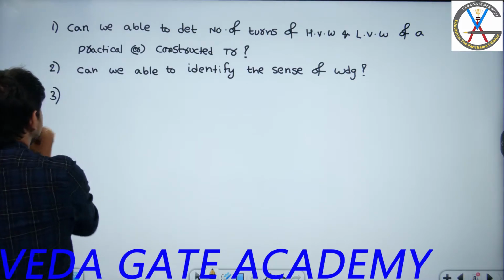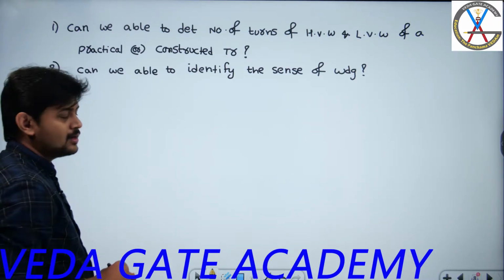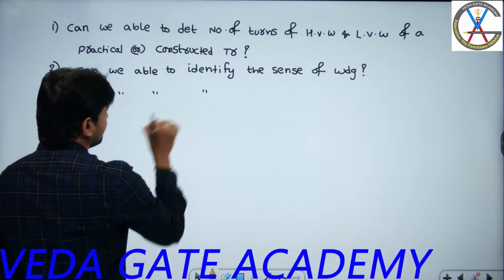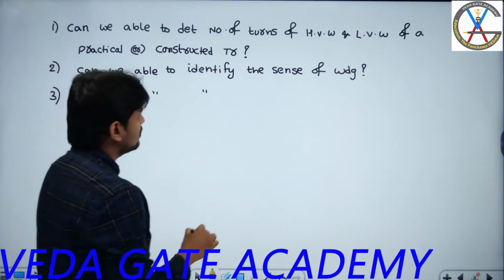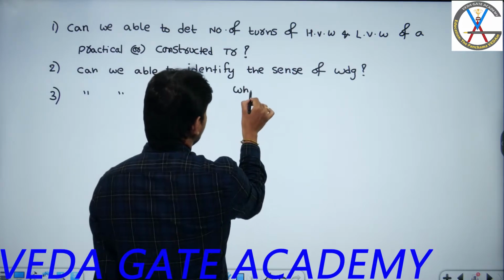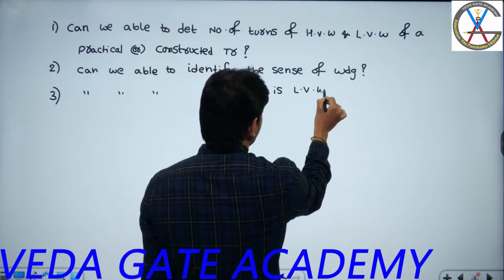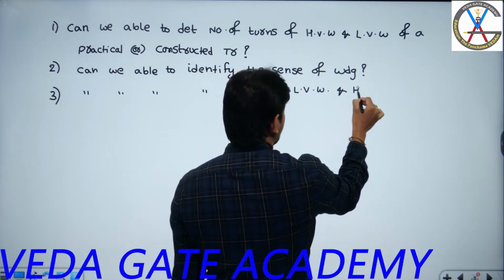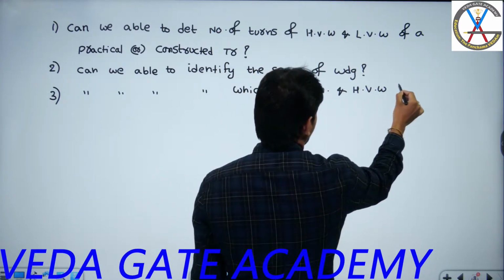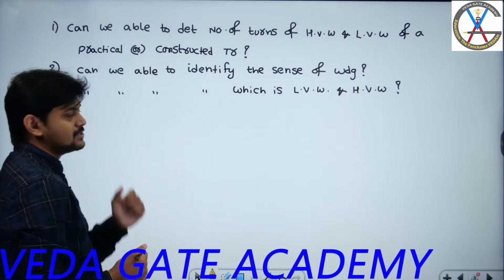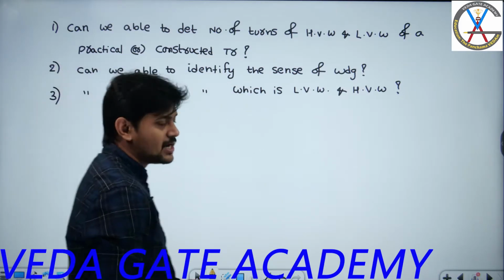The third interview question is, can we identify which is the HV and which is the LV winding in a given transformer? Which is the LV winding and which is the HV winding of a practical transformer? Now we will try to answer one by one. So these are three standard interview questions.